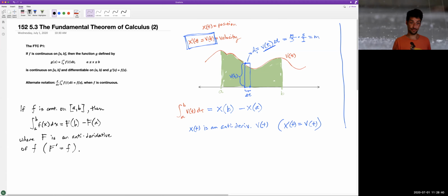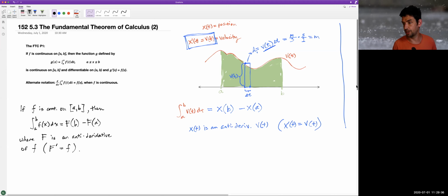Okay, and that's it. It gives us this wonderful way to compute these integrals by finding antiderivatives, which, like I said, is going to be a big focus for a lot of the videos coming in the next few days, or probably weeks, really.